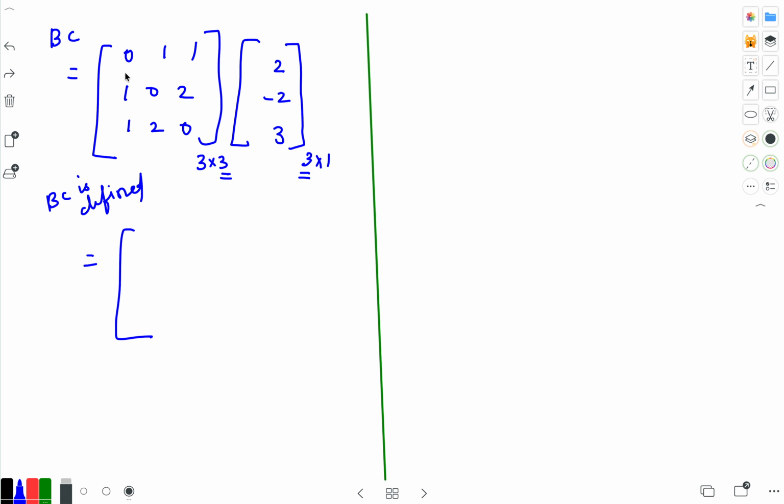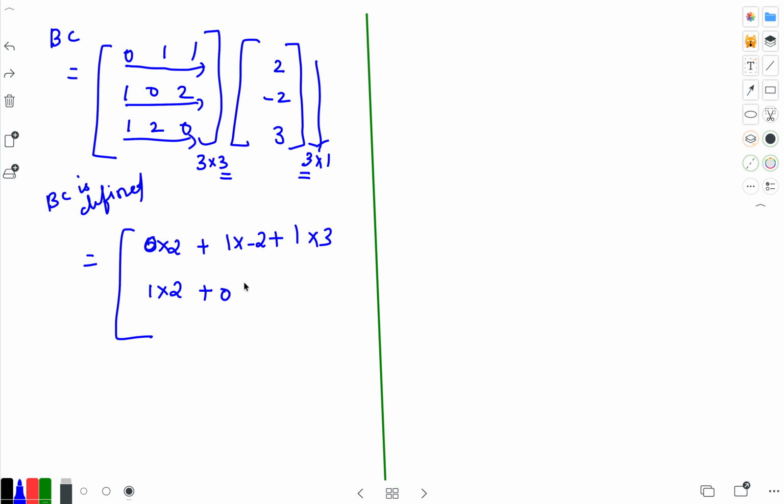BC is the sum of the product of first row with the first column, second row with the first column, third row with the first column. 0 into 2 plus 1 into minus 2 plus 1 into 3. Next 1 into 2 plus 0 times minus 2 plus 2 times 3.